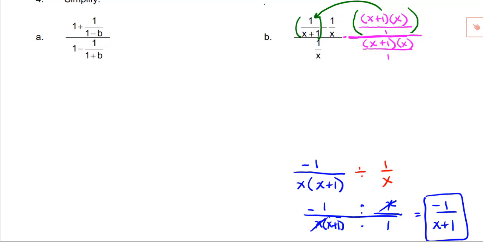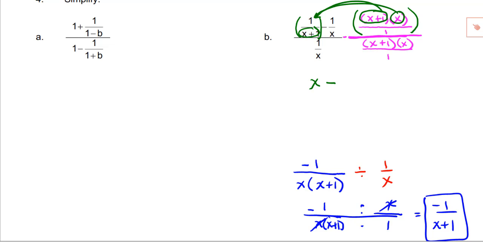And who's gone? Do you see an x plus 1 in the top and bottom? Yes. Here and here. So that's gone. Who's left? This x times that 1, and it's just x.